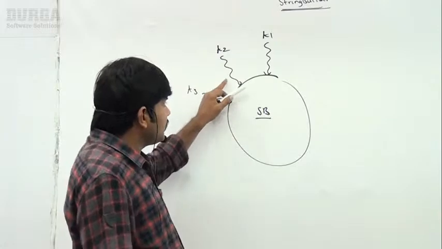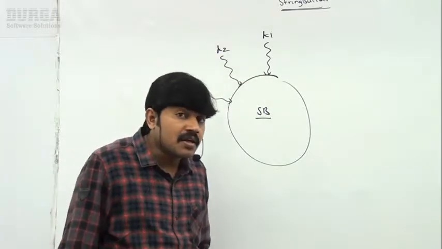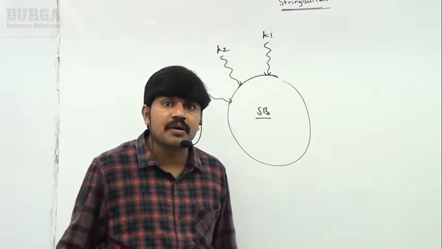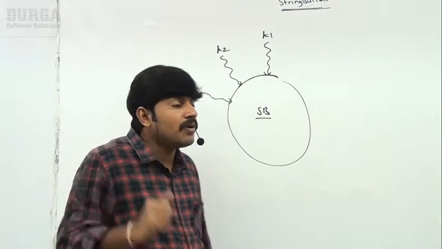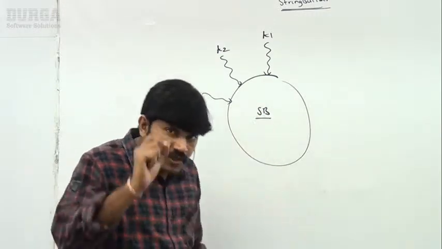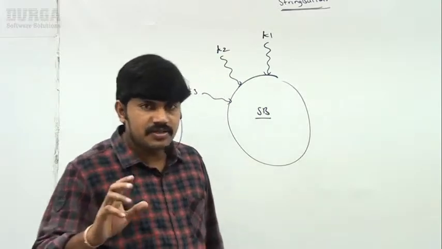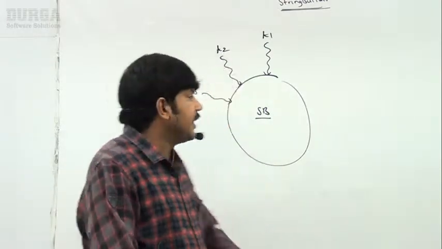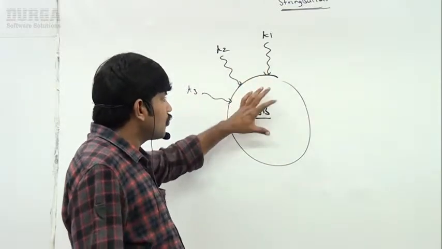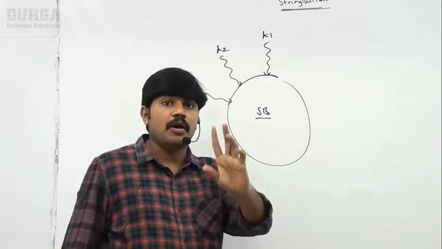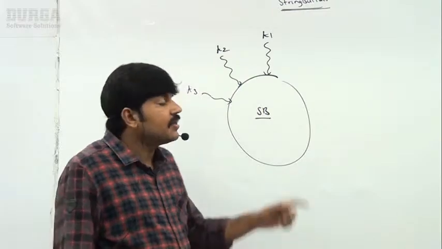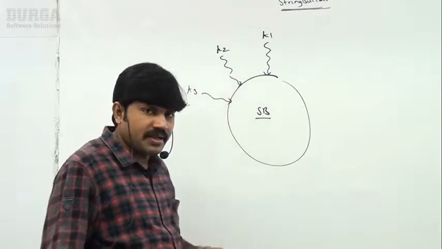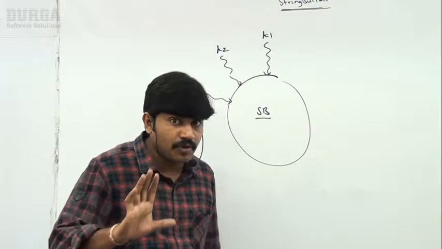It increases the waiting time of the threads and the performance is going to go down. So what is the problem with the StringBuffer? Every method present inside StringBuffer is synchronized. Hence, at a time, only one thread is allowed to operate on the StringBuffer object, so it increases the waiting time of the threads and creates performance problems.